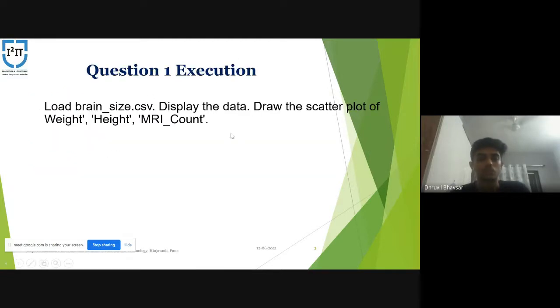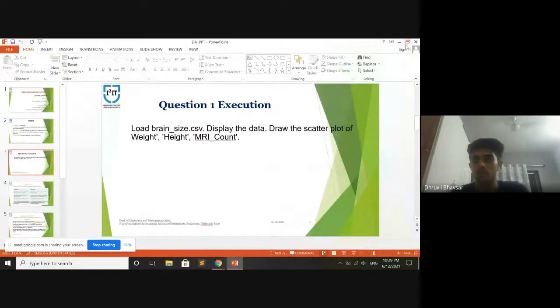So for question number 1, the execution, we have to load a brain size.csv file in Google Colab, and then we have to display the data in the given file, and also draw the scatter plot of weight, height, and MRI count. So I'll quickly open my Google Colab.